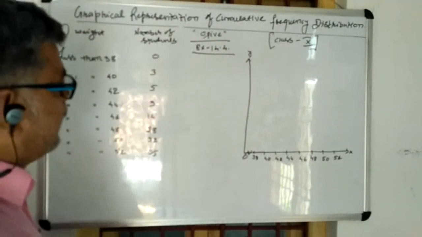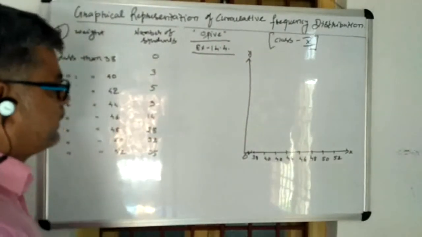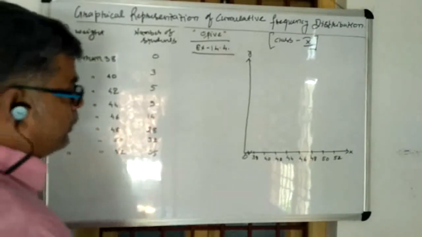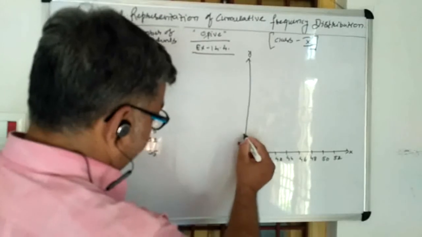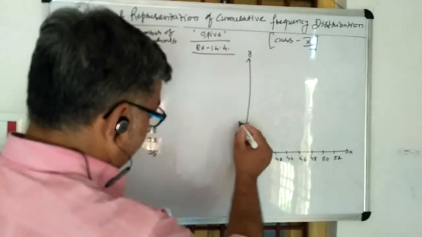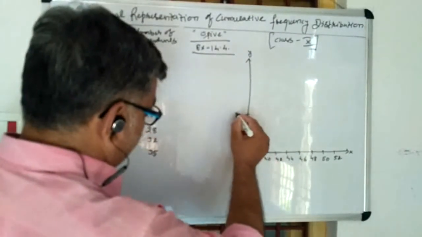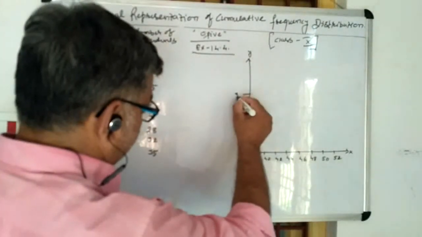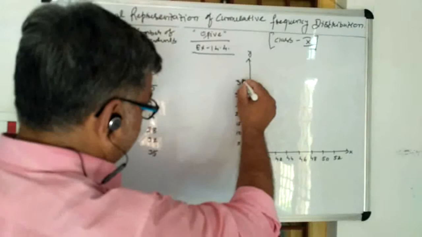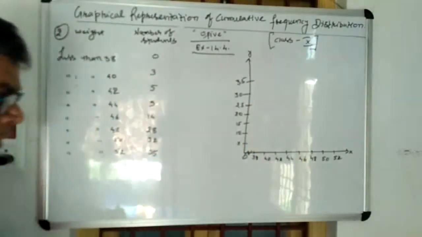You can see the highest cumulative frequency is 35, so you can take 5, 10, 15, 20, 25, 30, and 35.